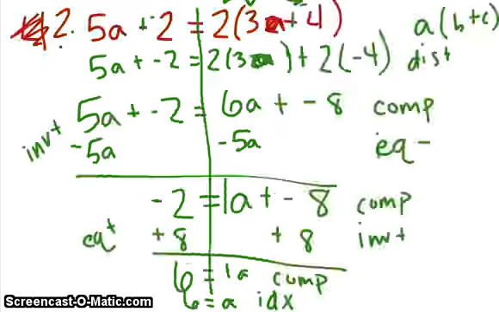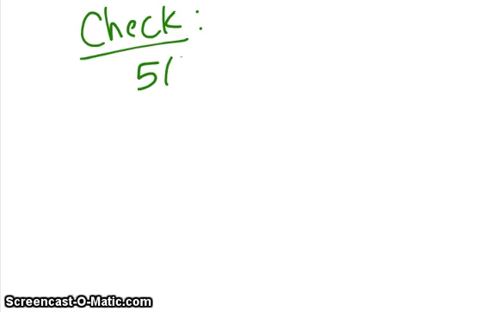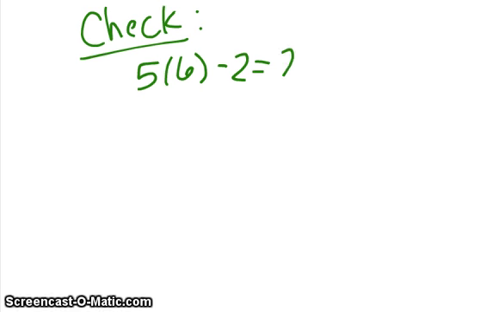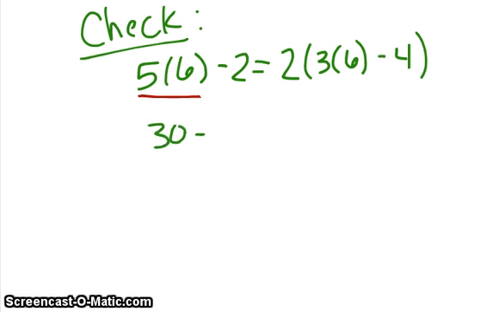Let's do our check. I didn't have room on that slide, so I'm doing it on this one. So it was 5 times a, which is now 6, minus 2 equal to 2 times the quantity of 3 times a, which was 6, minus 4. Okay, so on the left side here, I'm actually going to do 5 times 6 first, and 5 times 6 is 30, so I end up with 30 minus 2 equals 2 times the quantity.